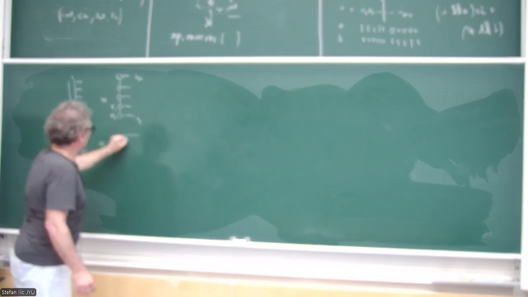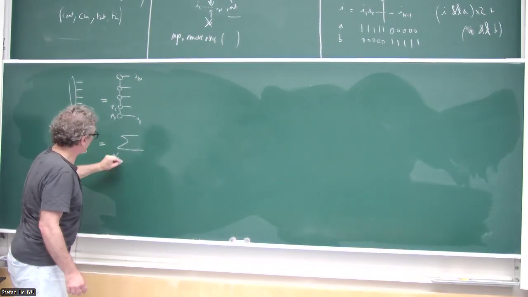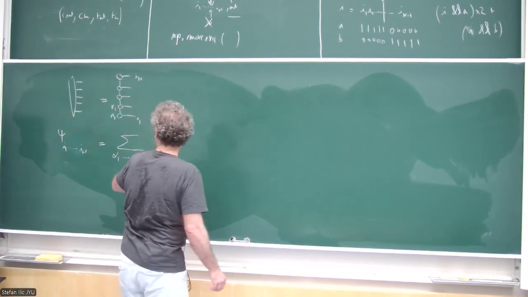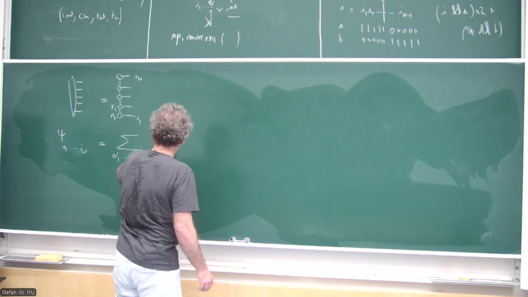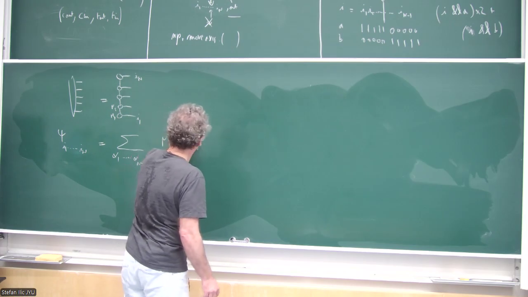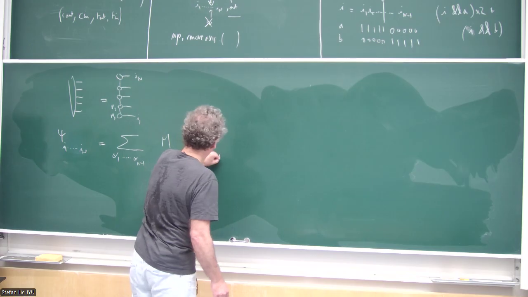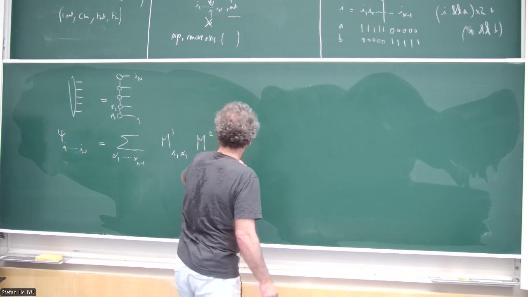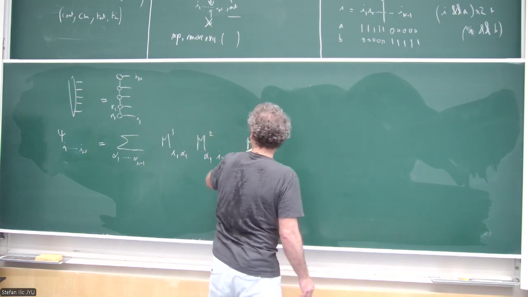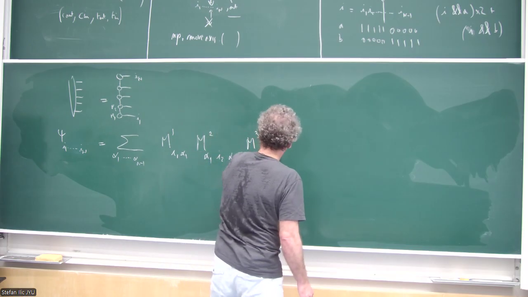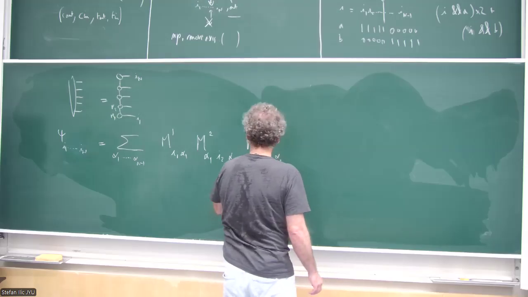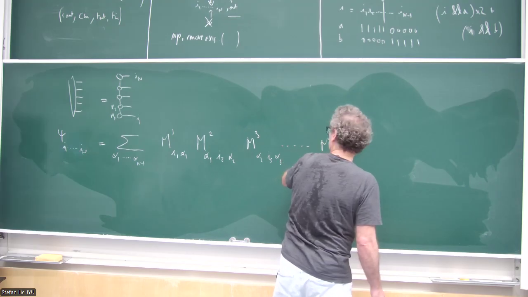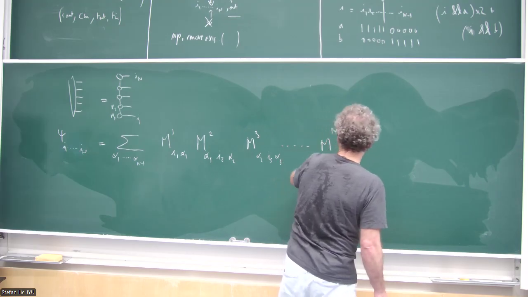So this would be the sum over alpha 1 to alpha n minus 1 of a tensor M1 of I1 alpha 1, M2 of alpha 1 I2 alpha 2, M3 of alpha 2 I3 alpha 3, and so on till Mn of alpha n minus 1 In.